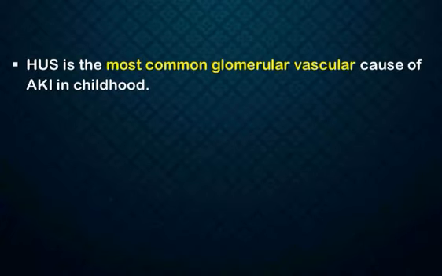HUS is the most common glomerular vascular cause of acute kidney injury in childhood. So it is intrinsic, glomerular vascular, involving the glomeruli and the blood vessels inside the kidney. And it is the most common.